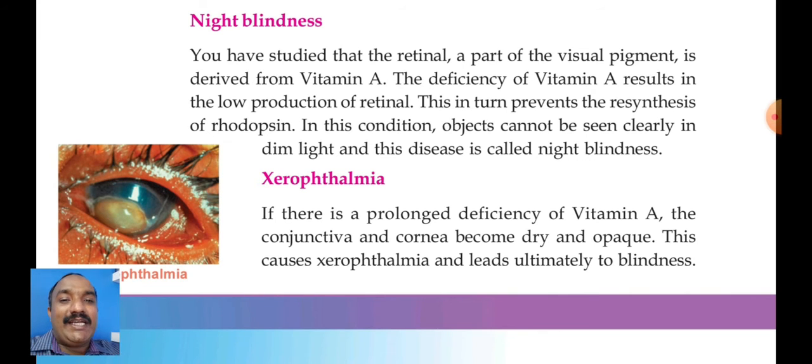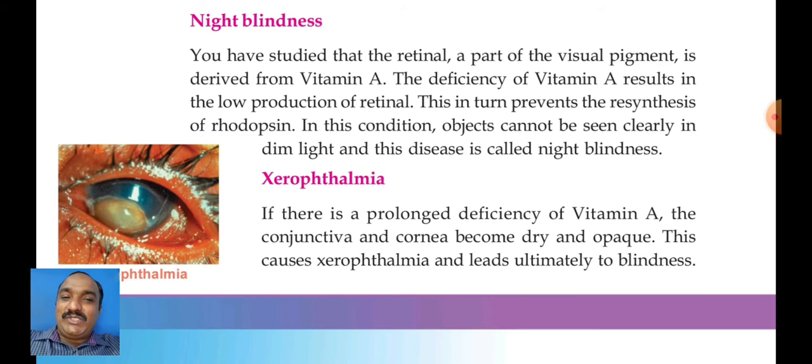Or you can also say, the inability of a person to see clearly in dim light because of the deficiency of vitamin A in the diet is called night blindness. Many answers I told. You can remember one only, and study that. Don't go through all of them. That much is enough about night blindness.